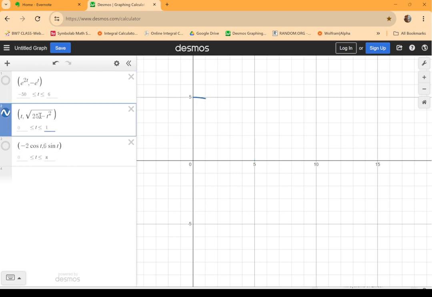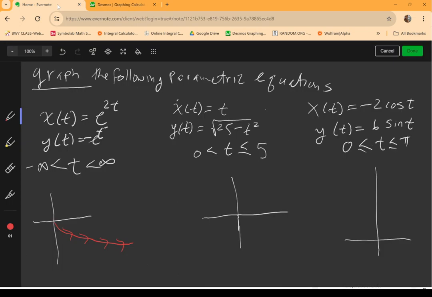Notice at 0 it starts up at 5, and then notice 2, 3, 4, 5. So you see the orientation of it. We have a quarter circle here, and we see the orientation from the graph.